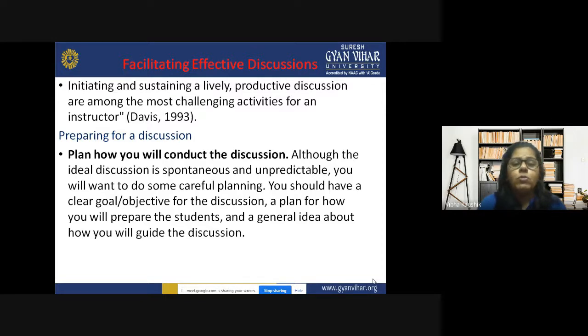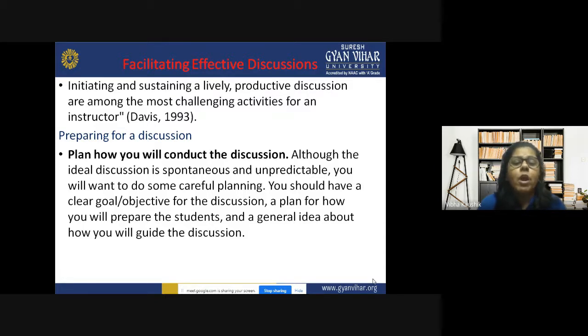You will want to do some careful planning. You should have a clear goal and objective for the discussion. Means when the teacher is planning for a discussion, he should have a clear goal and objective, that these are the particular objectives or goal I want to achieve with this particular discussion.